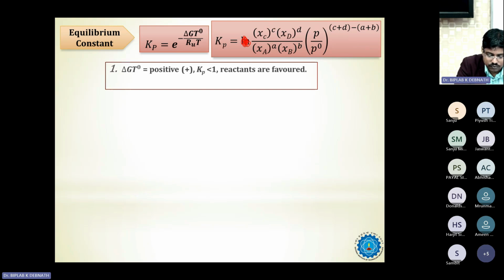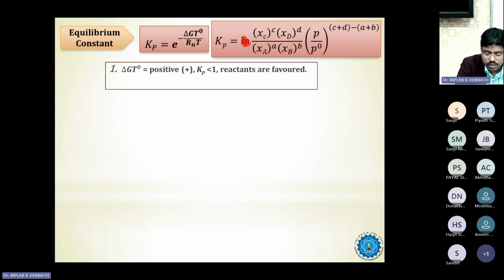Because if delta G naught is positive, then you have e to the power minus of something, and e to the power minus of something should be less than 1. So Kp becomes less than 1. If Kp is less than 1, then that means what? The mole fraction of reactants will be more than the mole fraction of the products.